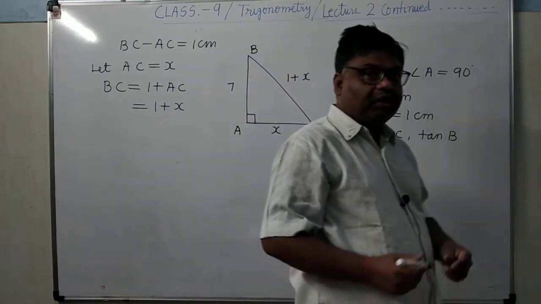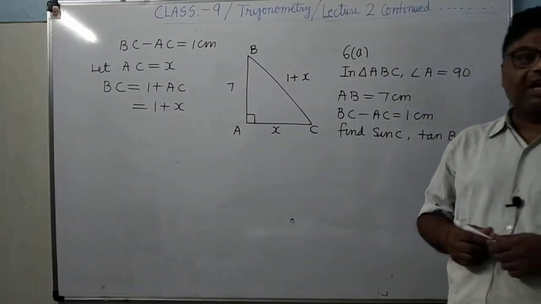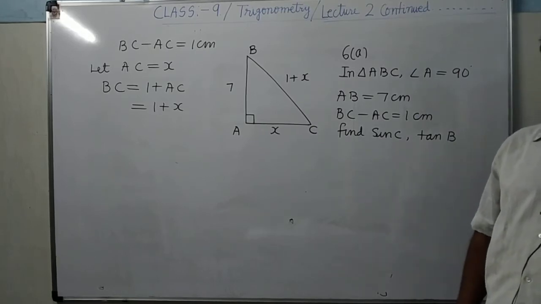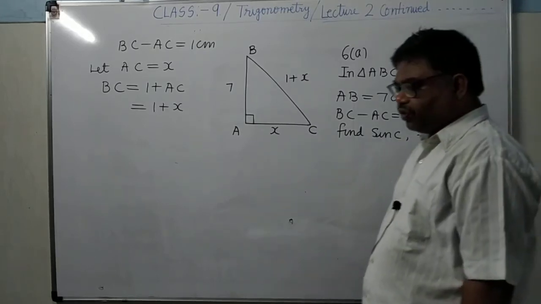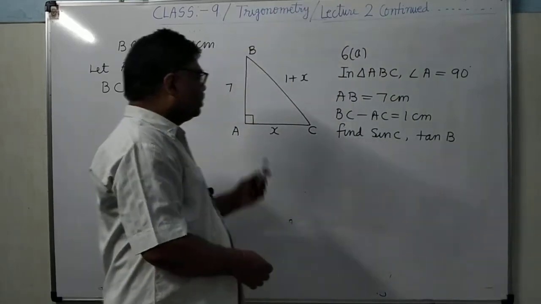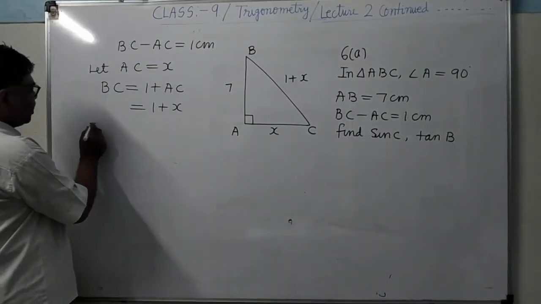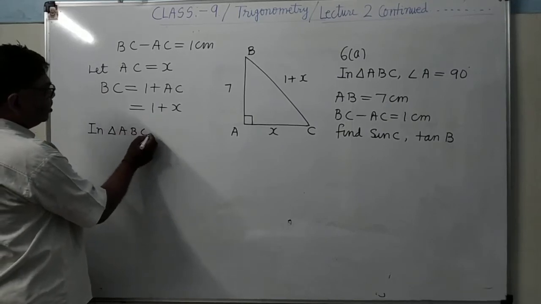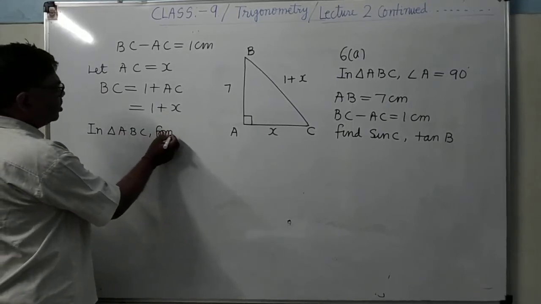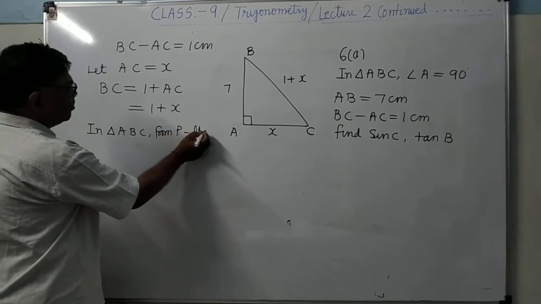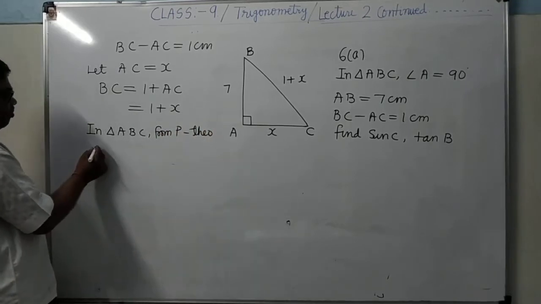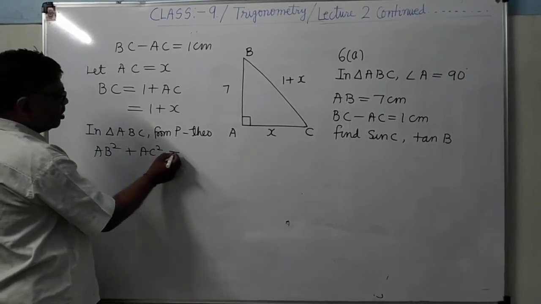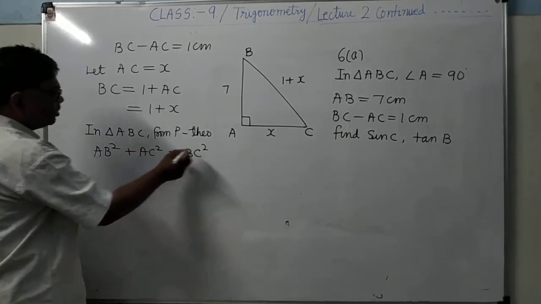Now you will do it by the Pythagoras theorem. When you apply the Pythagoras theorem in triangle ABC, AB square plus AC square equals BC square.